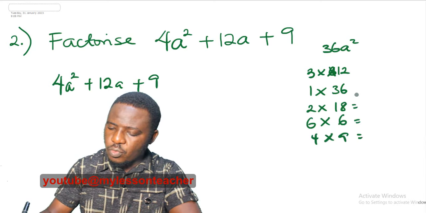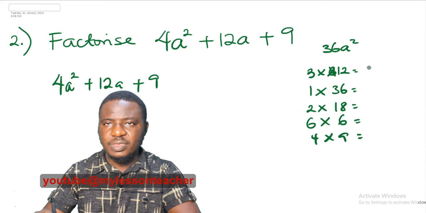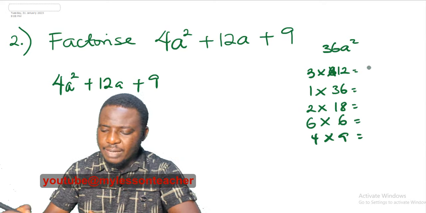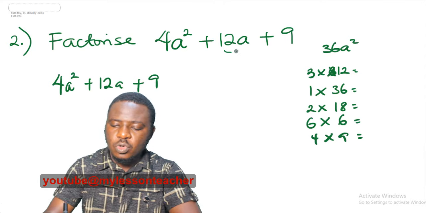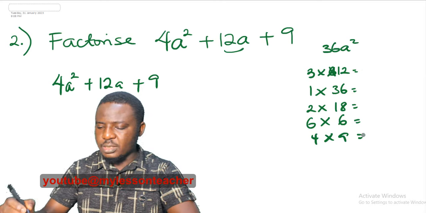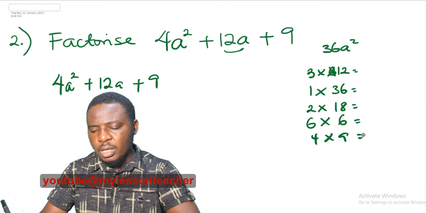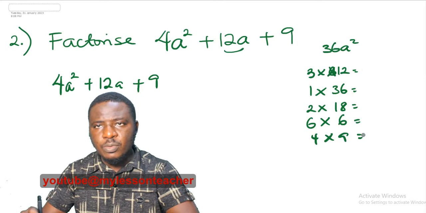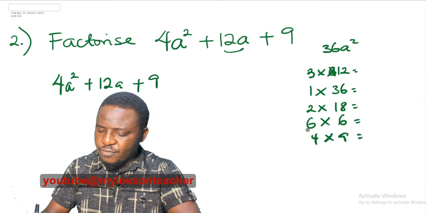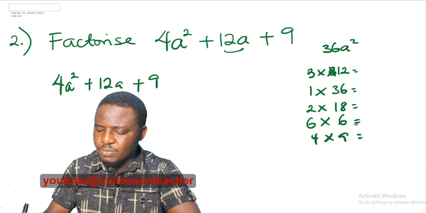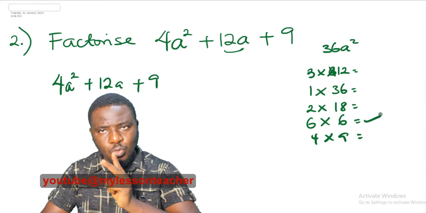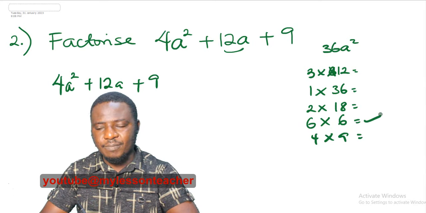They will all give you 36. But which of them, when you add them together, gives you 12? Now, of all these sets, the one to choose must be the one that meets both conditions. So you discover that if you add up all of them, it is only 6 plus 6 that will equally give you 12. So we are going to pick this. No two can be the same.